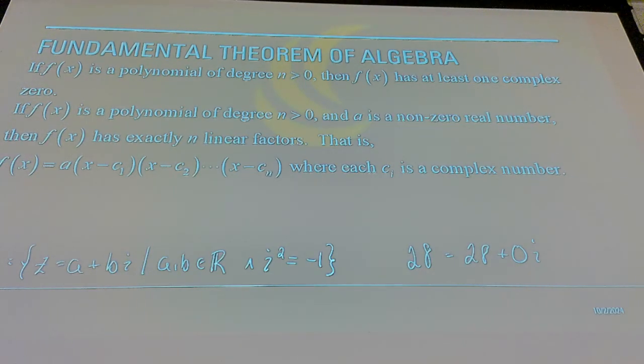In other words, you can represent f of x as a times x minus c1 times x minus c2, and so on and so forth, down to times x minus cn, where each of your c sub i's is a complex number.